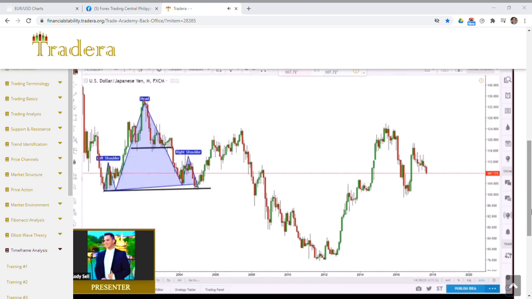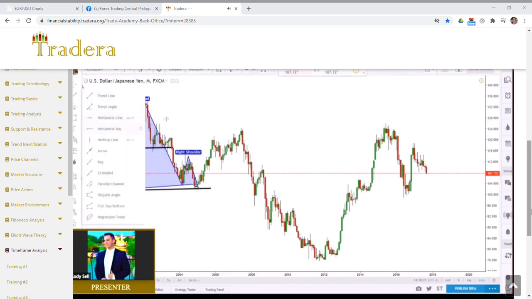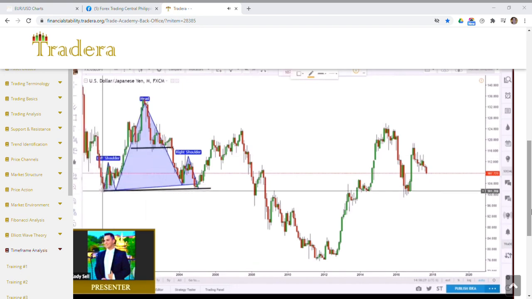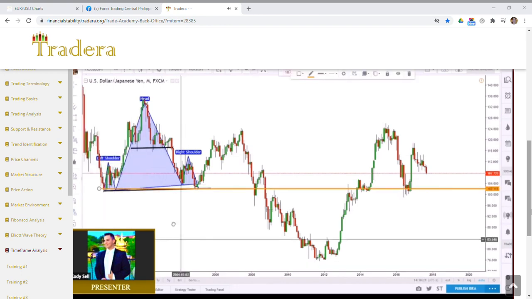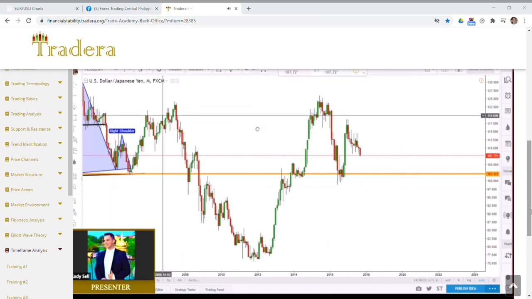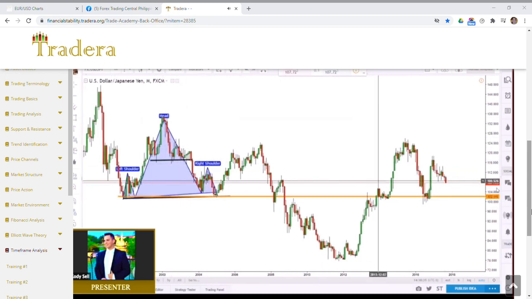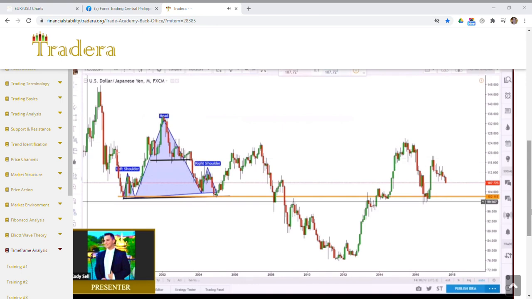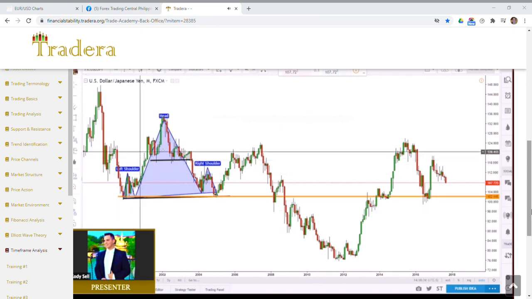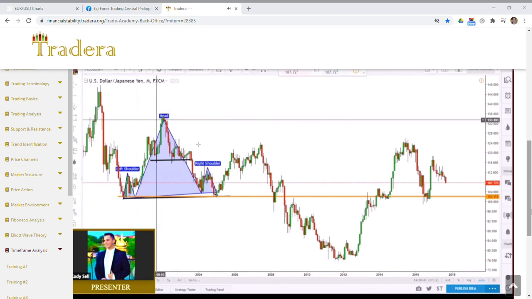Now, this one's interesting because how are you going to trade this one? I'm going to use a ray for our neckline here. So we had two head and shoulders formations together, and you will see this often, by the way. If it's confusing, go back and look at it again, because you're going to see this all the time, where we have a head and shoulders within a bigger head and shoulders.